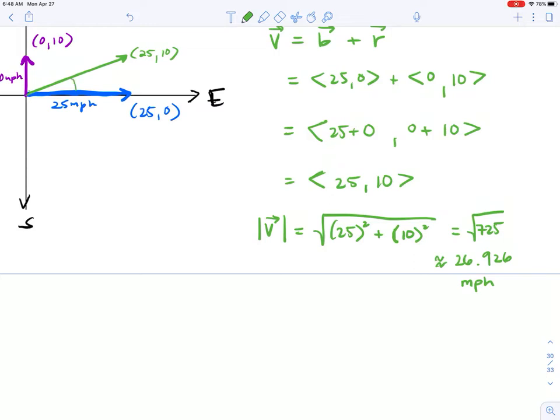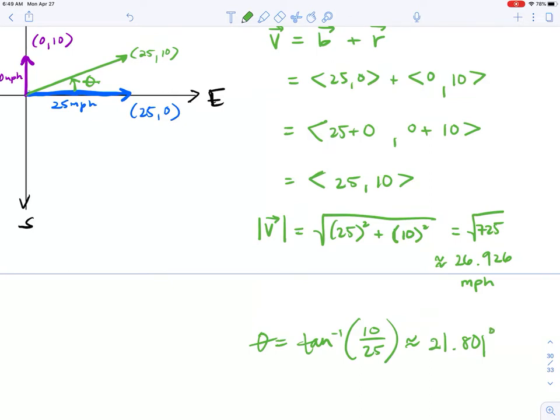Let's find the direction that the boat is actually moving in, and we can see here that it's going to be different from east. So we're trying to find this angle right here. Since we're in quadrant 1, inverse tan of 10 over 25 is going to actually give us our direction angle.